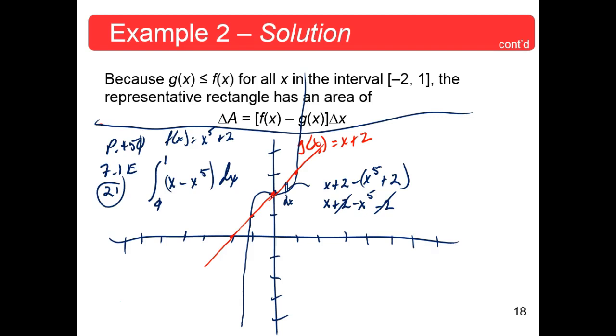What's the antiderivative of x minus x to the 5th? X squared over 2 minus x to the sixth over 6. Evaluate that between 0 and 1. I'll do the 0 part, y'all do the 1 part.